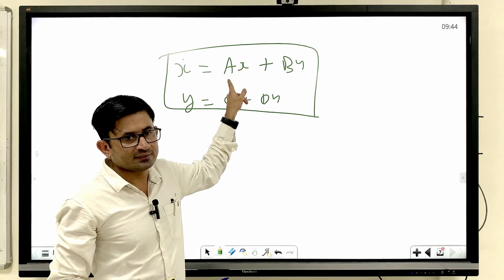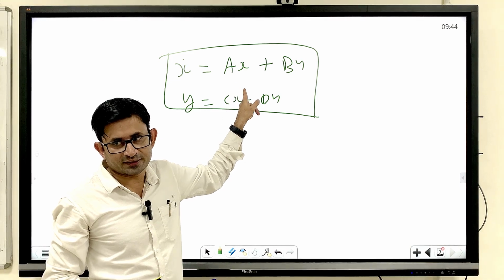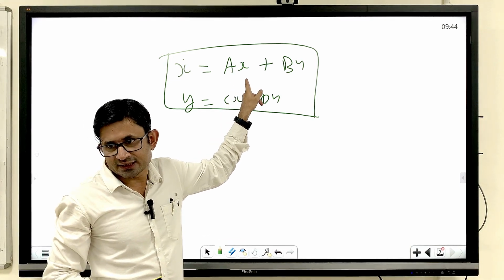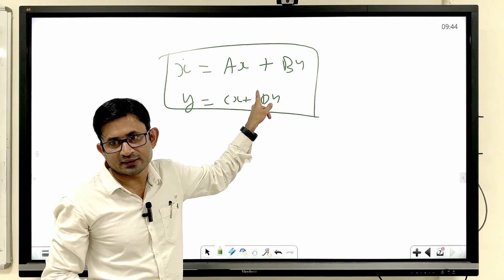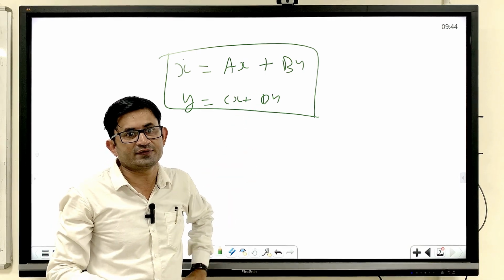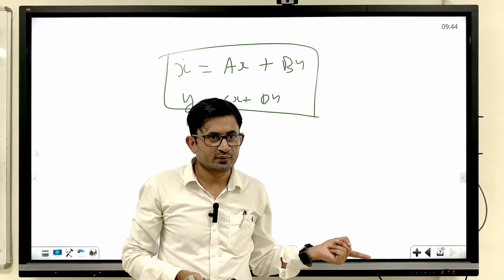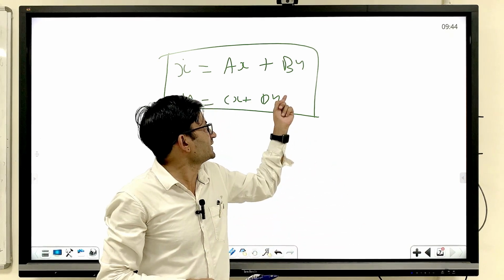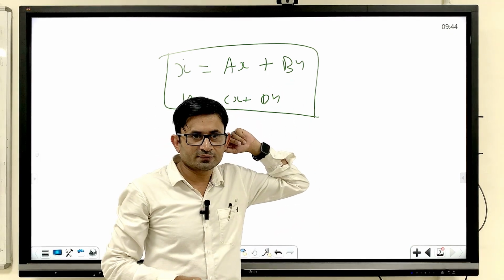So A is the system matrix, generally a square matrix, x is the state vector, that means how many states the system has. For example, an aircraft has 12 states, so x will be 12 cross 1. B is the control matrix, do not worry, later I will tell you, and u is the control input.